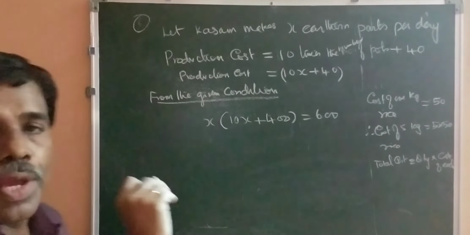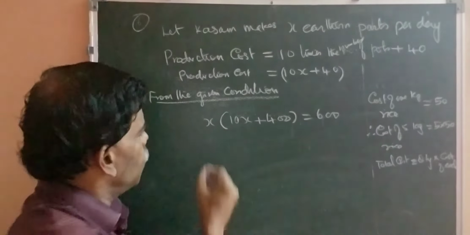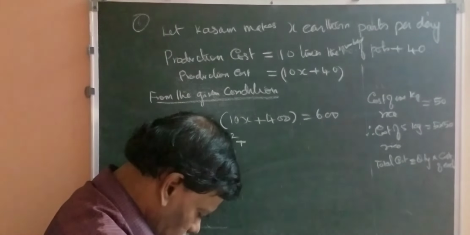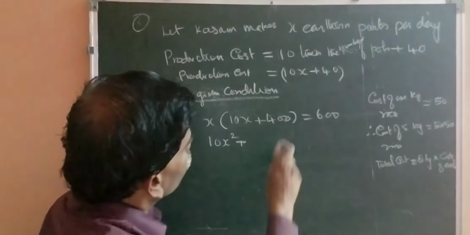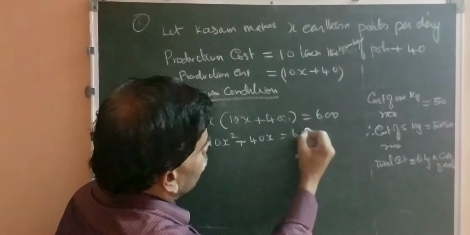Okay. Now we have to simplify to get the quadratic equation. What is that? 10x square plus 40x equal to 600.